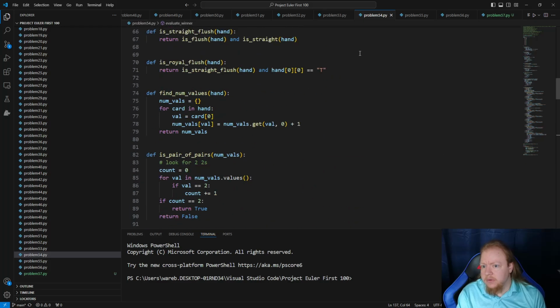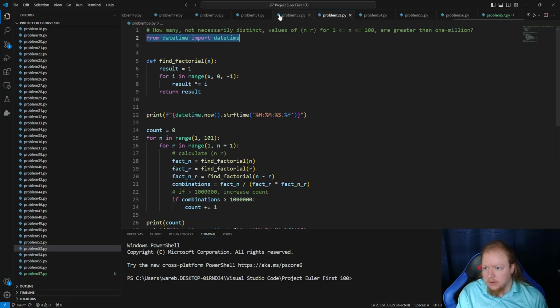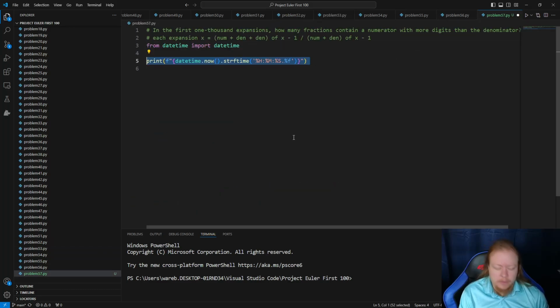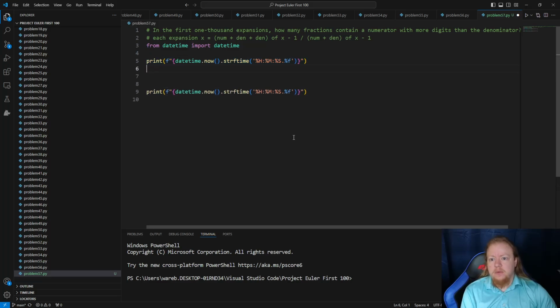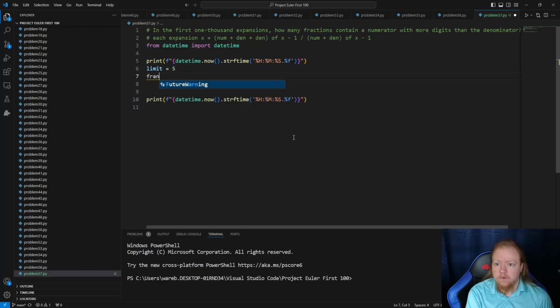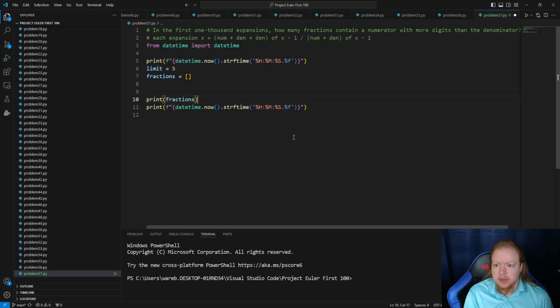Okay, so I'm going to do a limit equal to 5. And then fractions is going to be a list, and I am going to print fractions for right now.